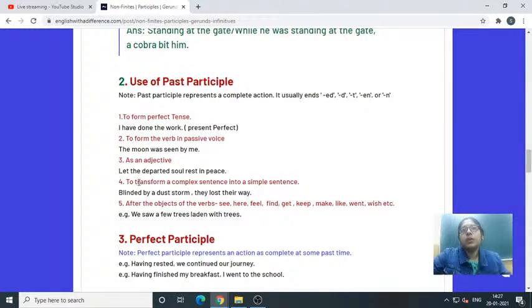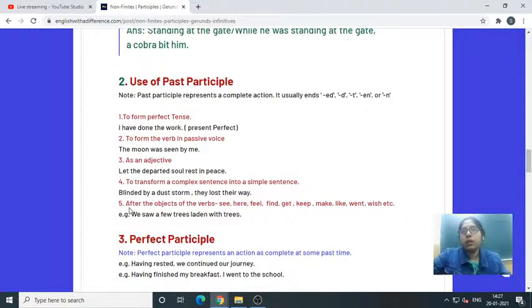Okay, now to transform a complex sentence into a simple sentence. Blinded by a dust storm, they lost their way. When we change it from complex to simple, we can use this kind of words.